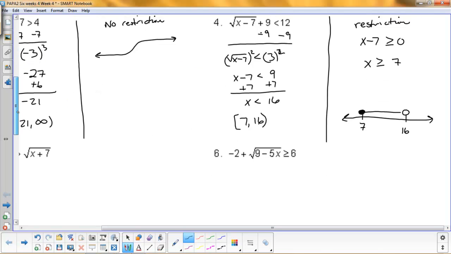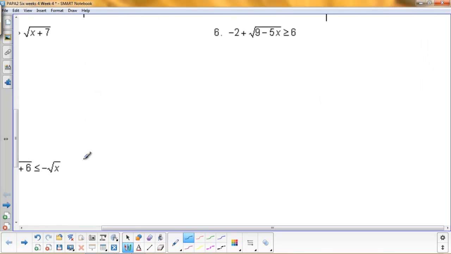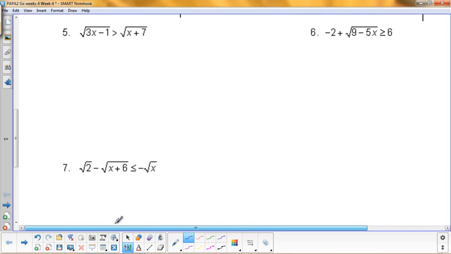Question number 5. There is a restriction here. And because we're not sure which one is going to play the role of restrictor, we must start with both of them.